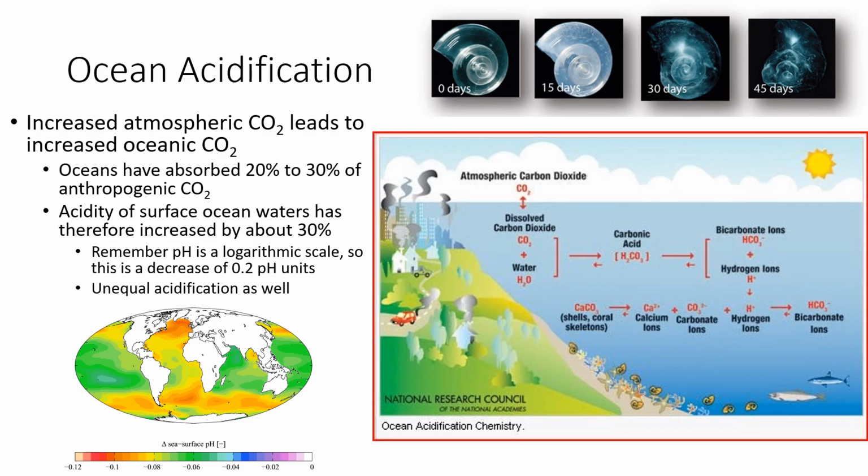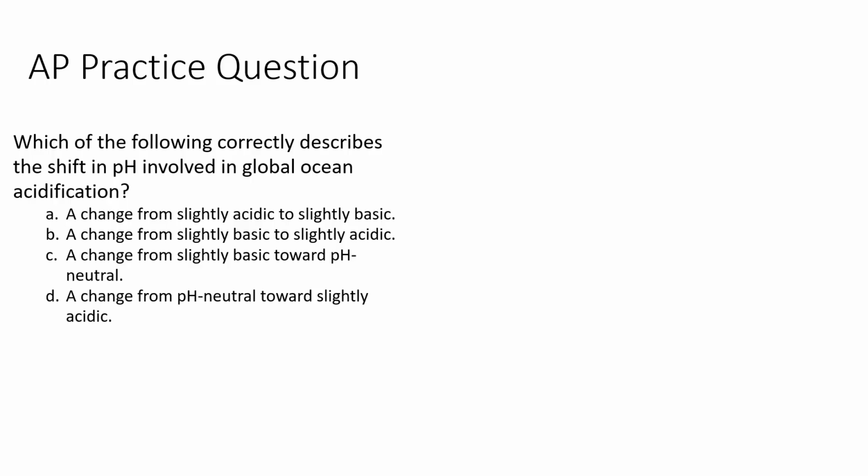And we can see the effect of the acidity on this marine butterfly, or sea butterfly, whatever it's called, this mollusk over here. It is literally dissolving in ocean water at the pH projected for 2100. All right, so real quick, give this AP practice question a shot.